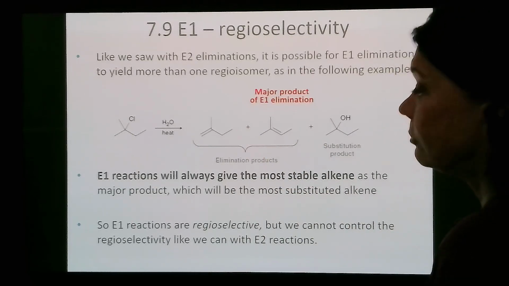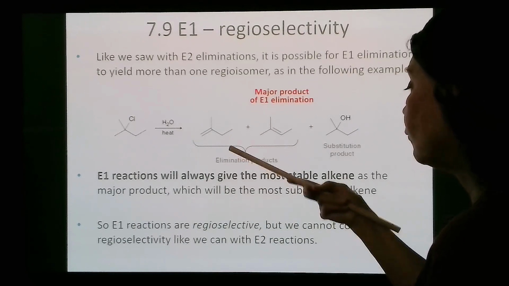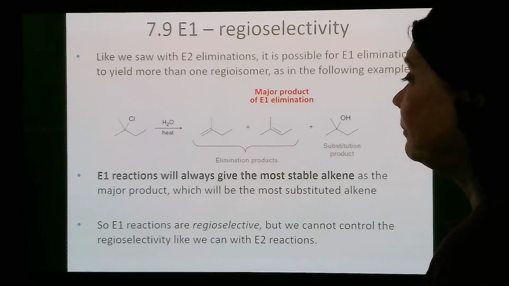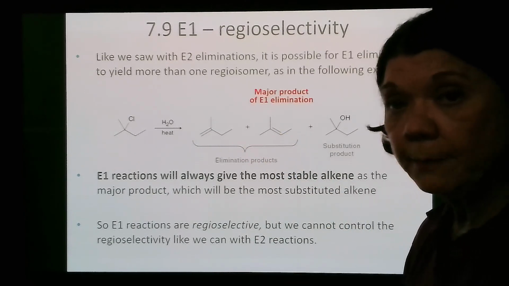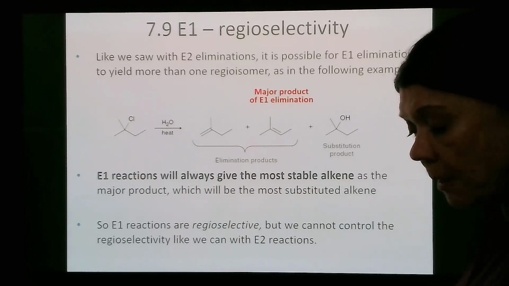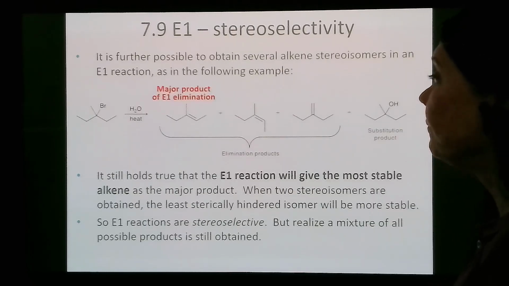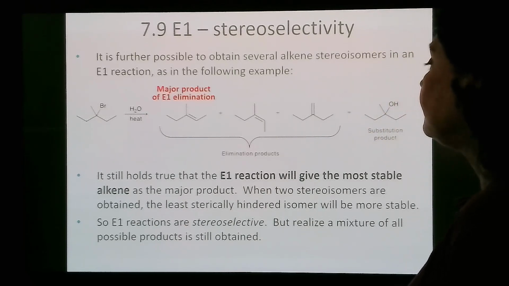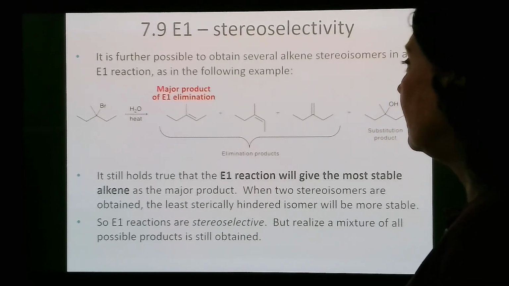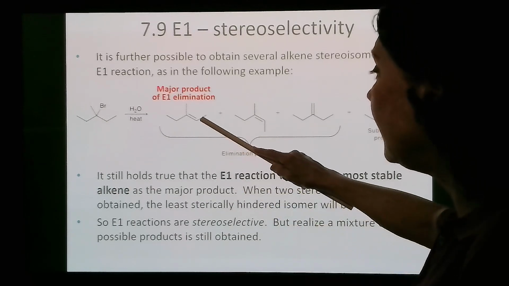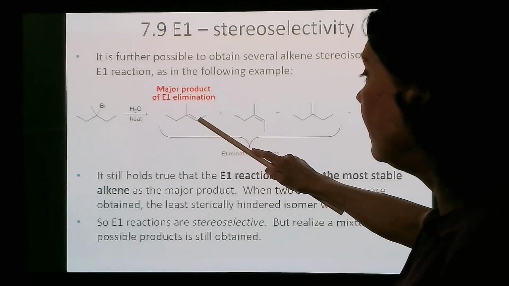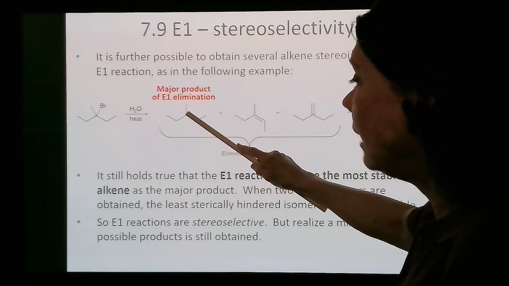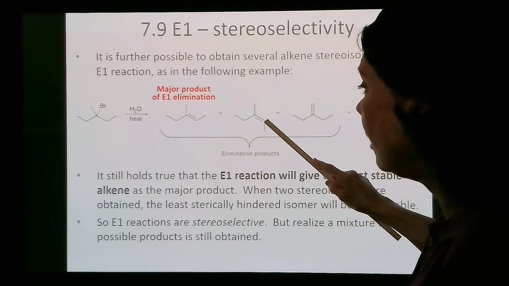These reactions are regioselective, but it'll change a little bit depending on the solvent and the temperature, but you can't really control it the way you can the E2 reactions. So here you can see you get this internal alkene and this internal alkene.